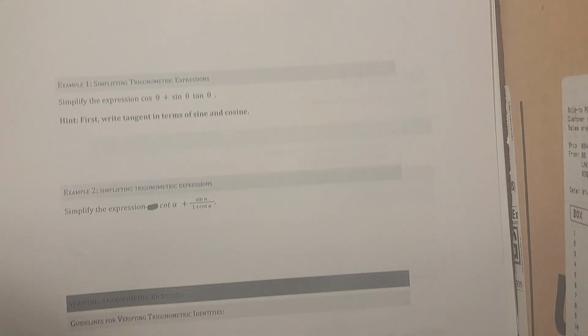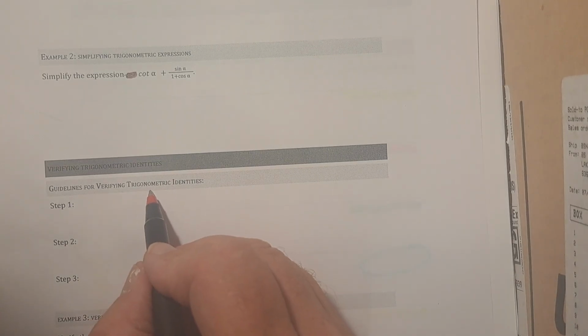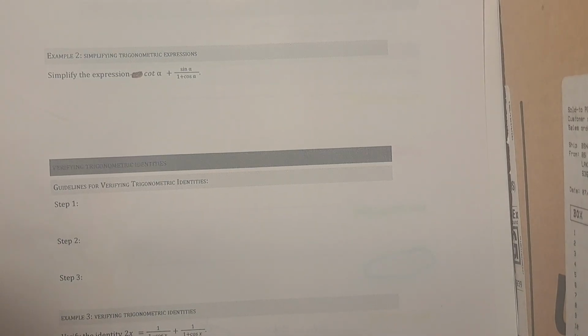The way you simplify a trig expression is not that different than what's being called here the guidelines for verifying trig identities. Because the strategy is the same whether you're simplifying or verifying a trig identity, I'm going to write these out before we go up here. If you have an identity, the first thing you should do is try to turn the complicated looking side into the easier looking side, because it's easier to manipulate something complicated to something simple than to turn something simple into something complicated.